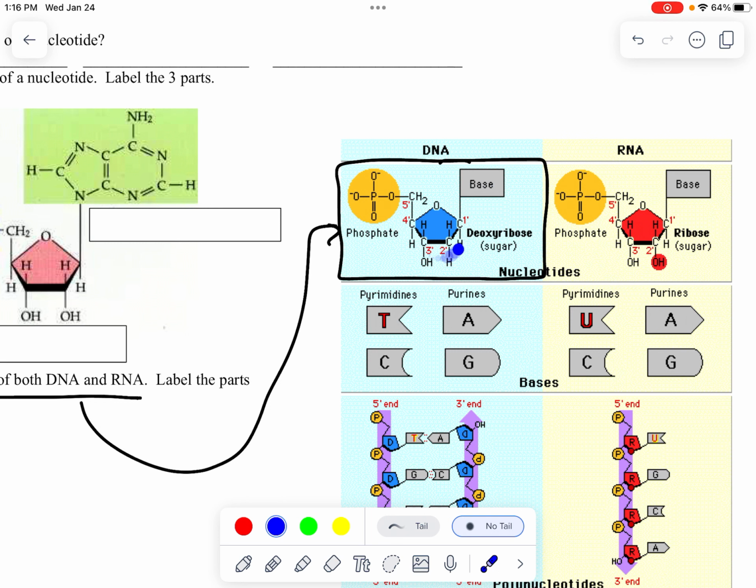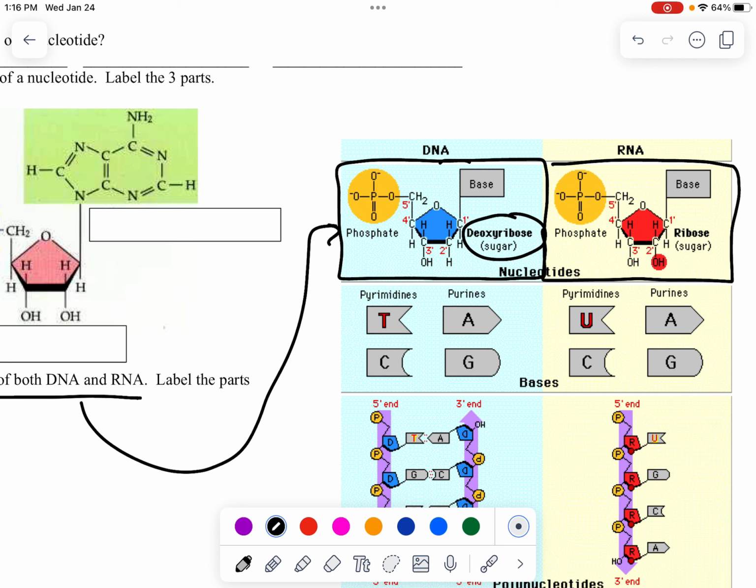But so sugar phosphate base, deoxyribose. And then we have over here an RNA nucleotide, which is a sugar phosphate base, but the sugar is ribose. Okay, so that's a DNA nucleotide and an RNA nucleotide. Only difference being they have a different sugar. Okay, so you don't need to draw those.